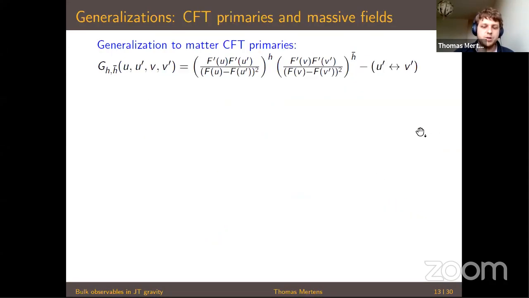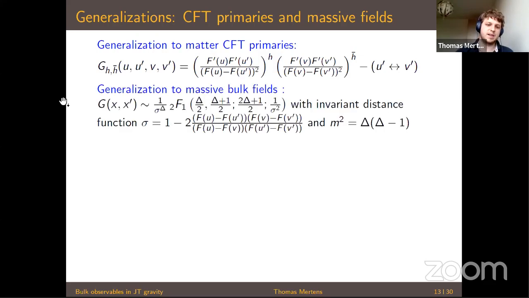Now, I should also mention that you can generalize this calculation, not just to the massless scalar field two-point function. You can take matter CFT primaries in the bulk, and then you are led to considering the Schwarzschild path integral of these things, which are of the same form, and we can do them exactly. You can also generalize to massive bulk fields as well.